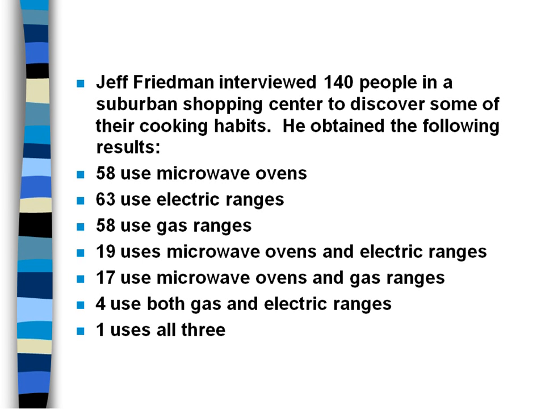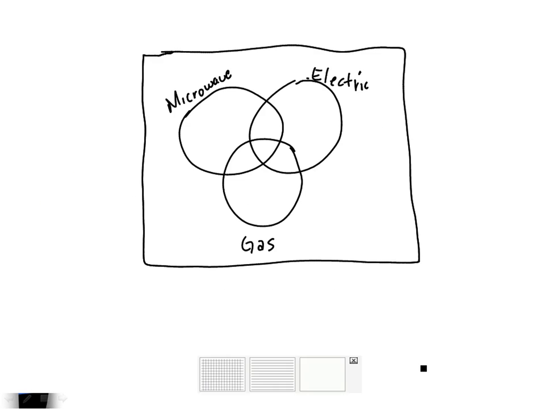Now, you always start with the intersection. So let me go ahead and draw a Venn diagram representing three things, because we're dealing with three different things.